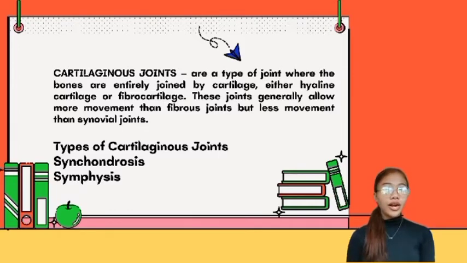So there are two types of cartilaginous joints. These are synchondrosis and symphysis. First is synchondrosis. It is an immovable cartilaginous joint. When we say immovable, it is incapable of being moved or not moving.